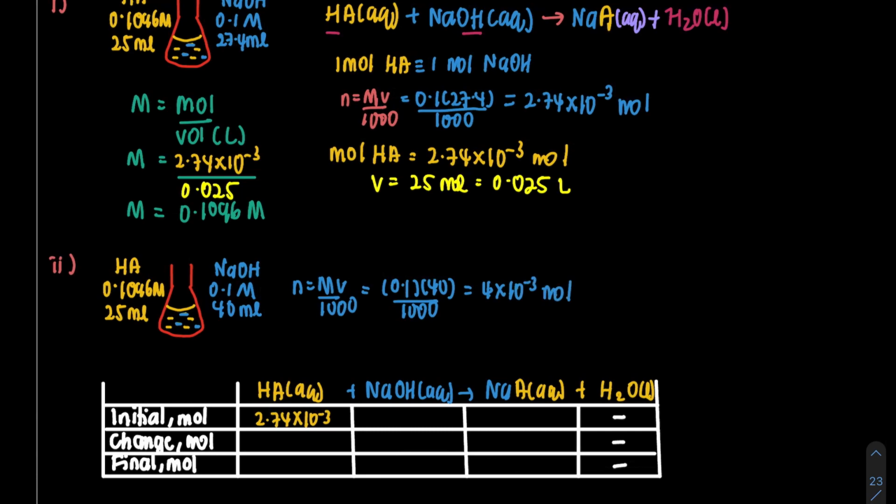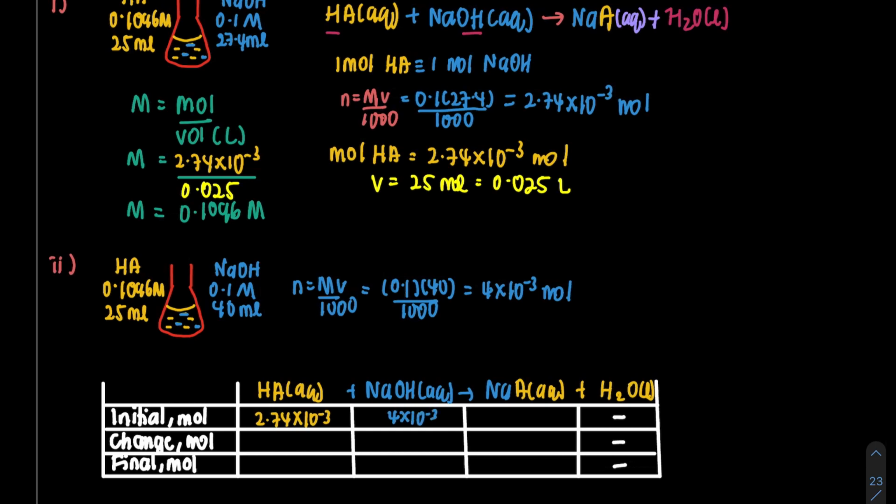Only the acid we can take from the previous one because the volume is the same: 25 mL of acid is the fixed value present in the conical flask. For the sodium hydroxide, we can't use it because the number of moles there was for 27.4. Right now it's 40 mL, so we substitute the value for exponent -3.